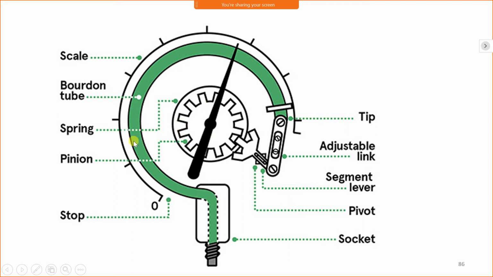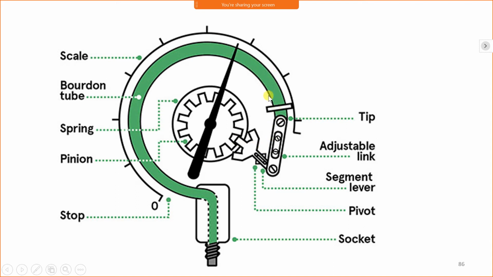When there is no pressure inside, the tube is in an elliptical form. When the steam enters the Bourdon tube, it tries to straighten. Since it is enclosed in a circular casing, it takes a circular shape.